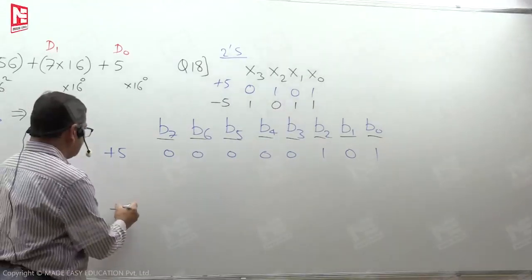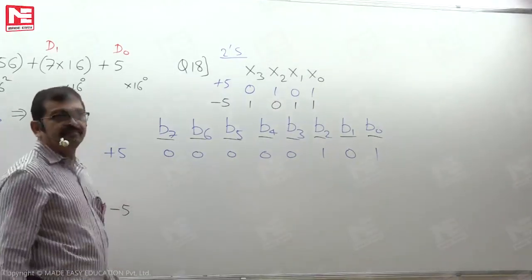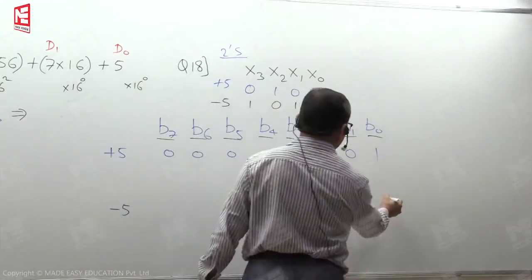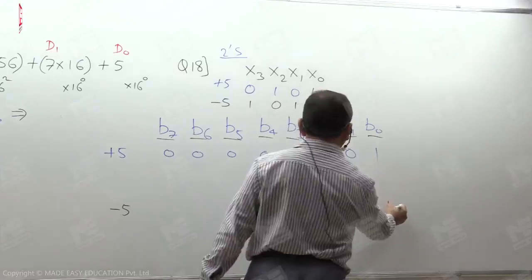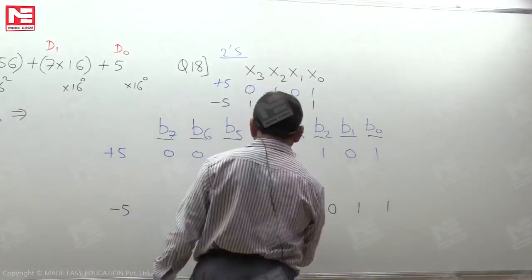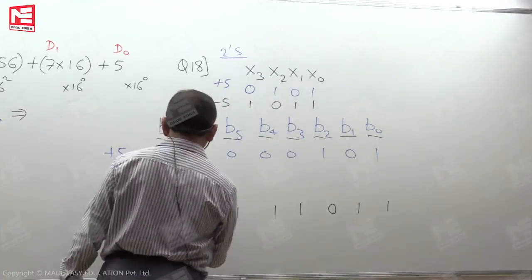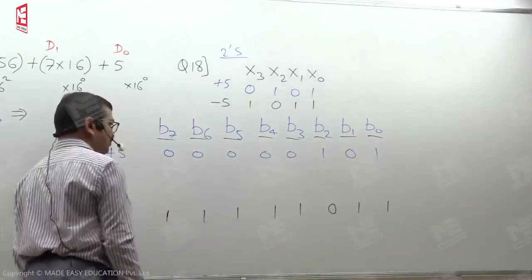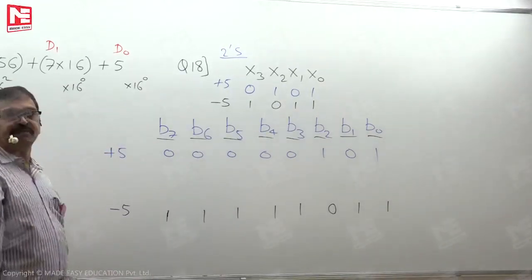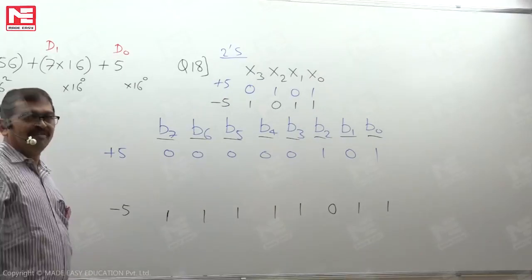When this -5 is represented in the 8-bit format, we have 11111011. So it is -5 represented in the 8-bit format.